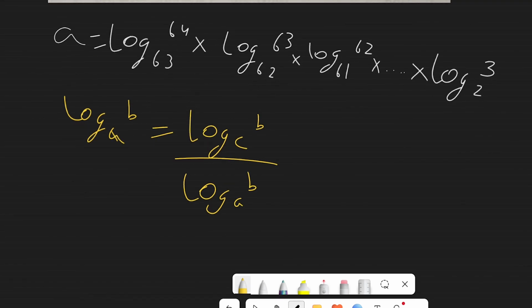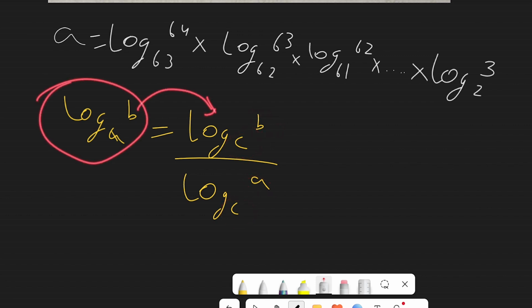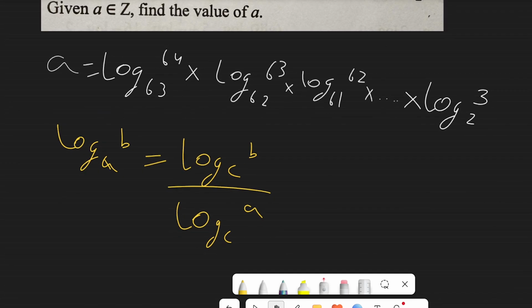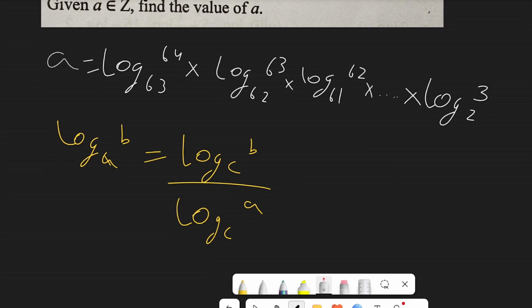That is how we can introduce a new base of c with our powers b and a. So we divided this into two things, and a similar rule would be applied over here as well.